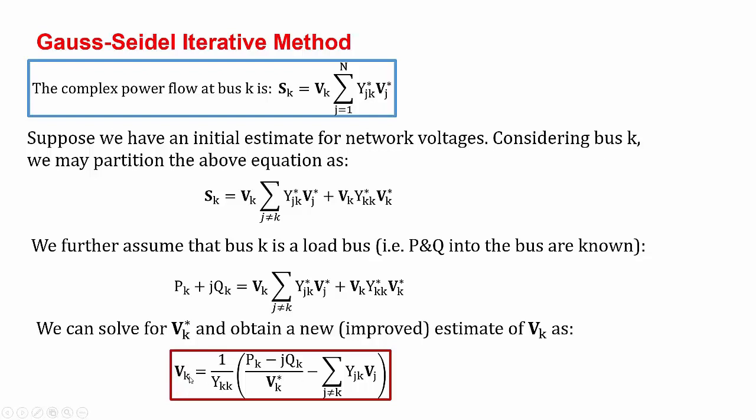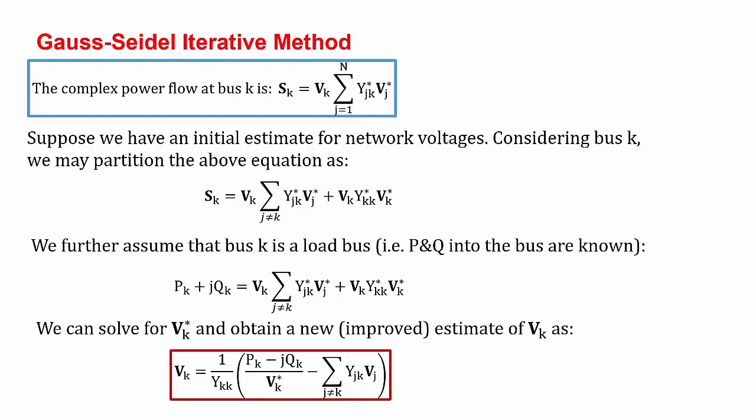From the start, we assume we know estimates of all the voltages, normally 1 per unit and 0 degrees. Use this assumption, including for Vk, and the given P and Q to calculate a new, improved value of the voltage, converging to the real value of Vk.